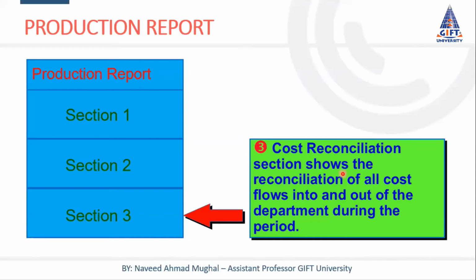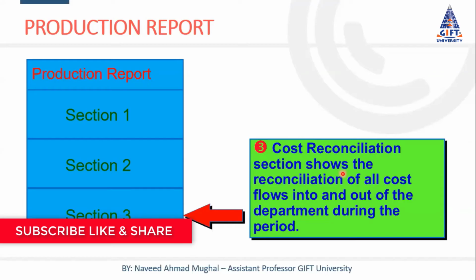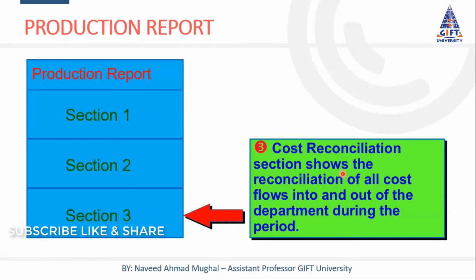So we will reconcile what units we have at the start of the period and what cost those units have, what cost has been added during this period in the department, and where this cost has gone: how much has been transferred to the next department, how much cost is still in process, what is the cost of the ending work in process, and what cost has been lost due to spoilage.